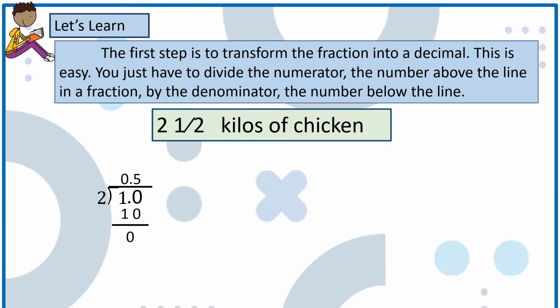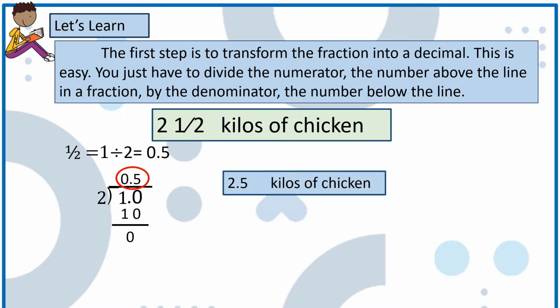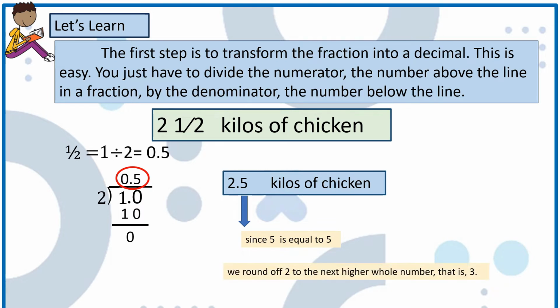It means 1 divided by 2 is equal to 0.5. It means that 2 1/2 converted to decimal point is 2.5.